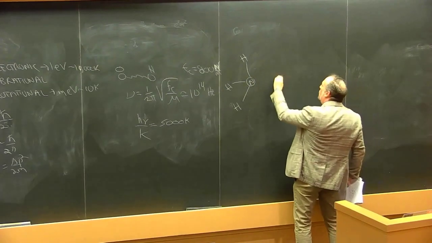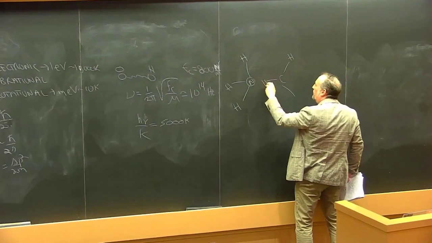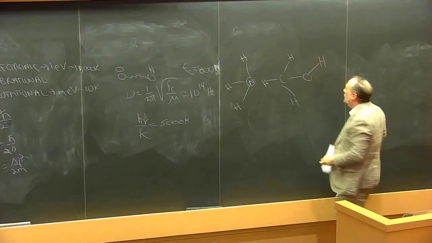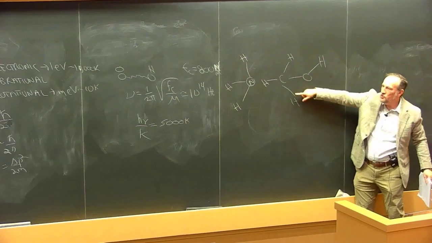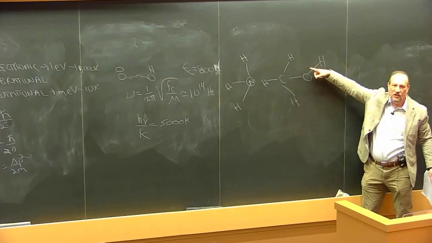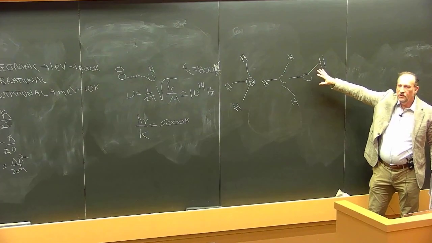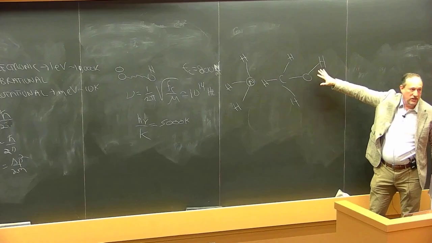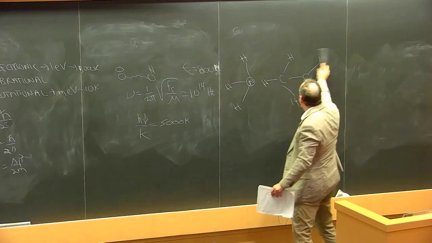A really annoying molecule is methanol, because this hydrogen can pop within the potential of these 3 H's here, and that's a so-called torsional motion. And so the spectrum of methanol is just a pain because of this.